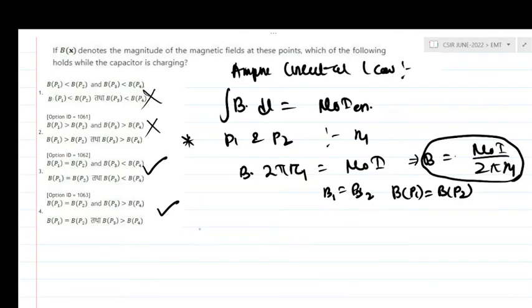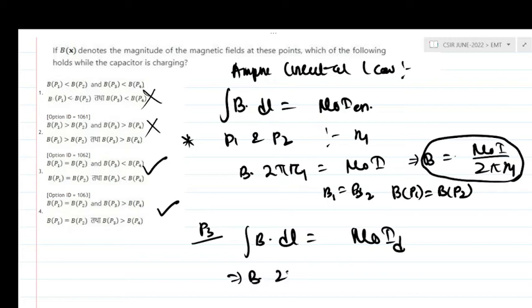So at P3, integration of B dot dl is equal to mu naught I enclosed. Here that is not the conduction current, that is the displacement current. So B times 2 pi r is equal to mu naught I displacement current, and B is equal to mu naught I_D divided by 2 pi r.